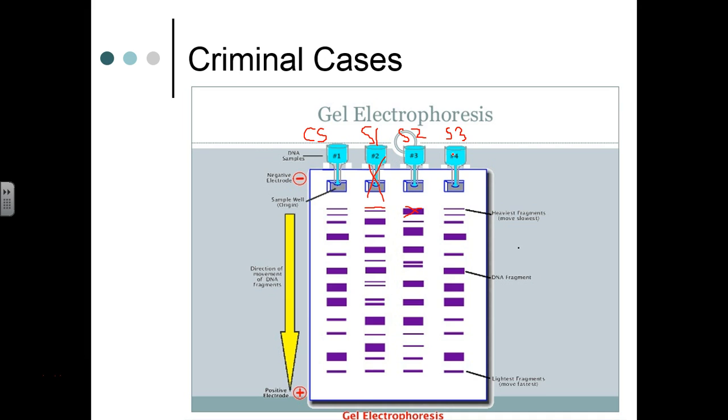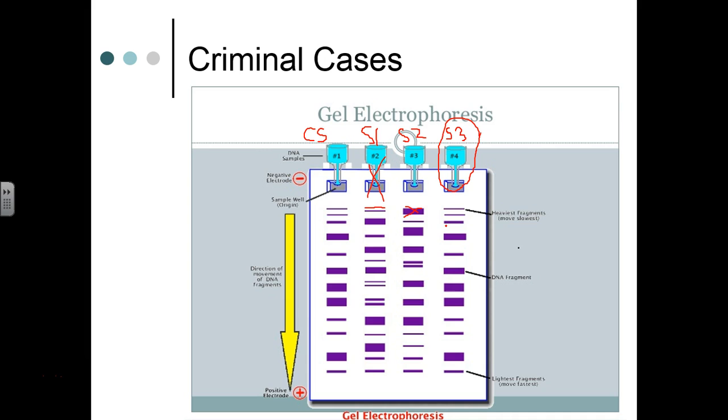Sample 4 looks like it's matching, and as I go down and compare to this first column, it looks like an exact match, which means that this person should remain a suspect, while suspects 1 and 2 can, for the most part, largely be ruled out as suspects of the crime.